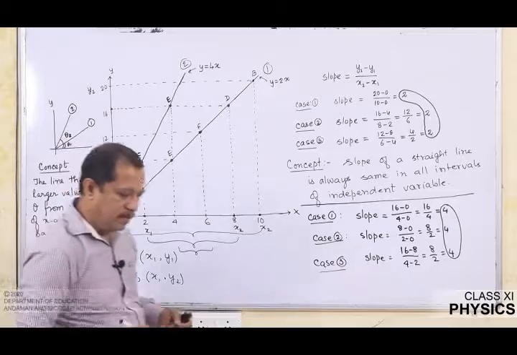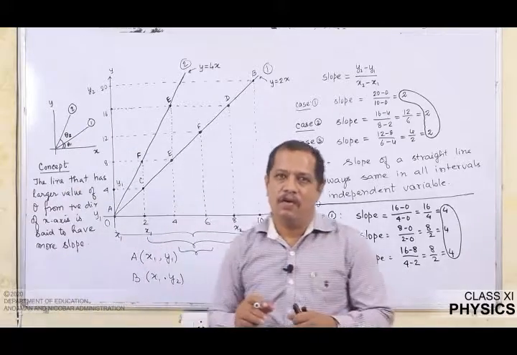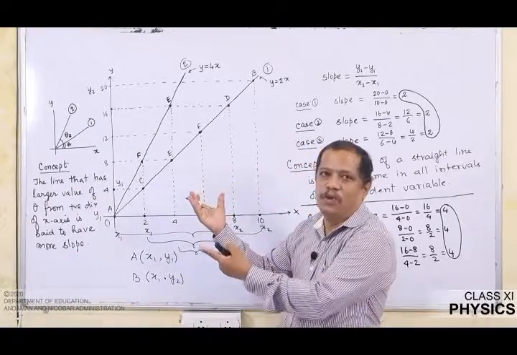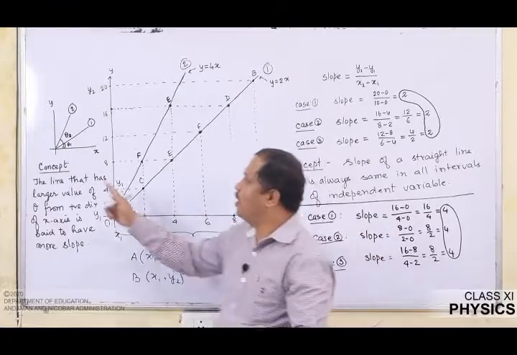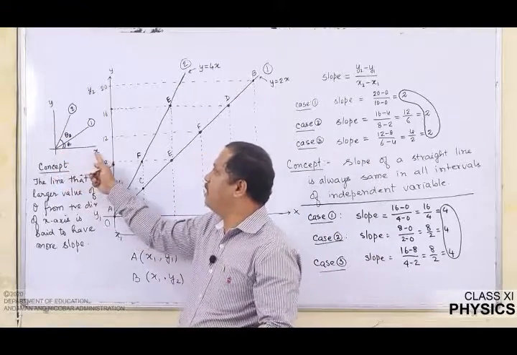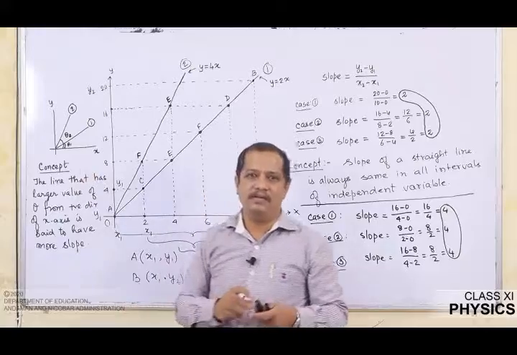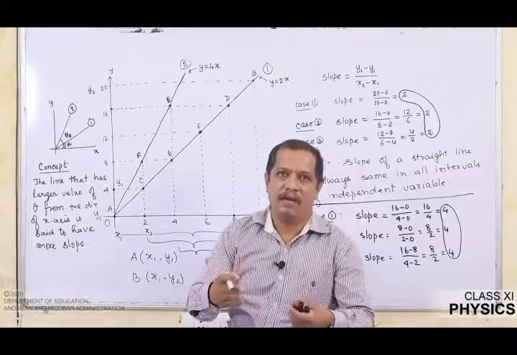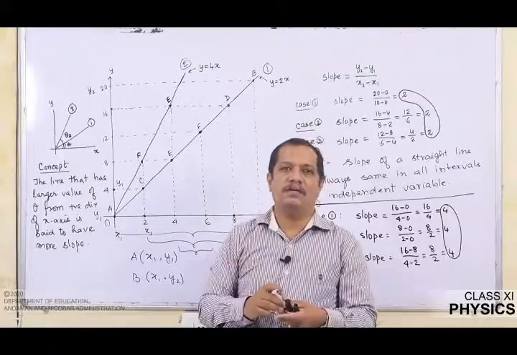Therefore, as soon as a question is asked to me which line has more slope, what I will be looking at is, with the positive direction of the x axis, which of the lines is making the larger angle. The larger the angle, the more will be the slope.